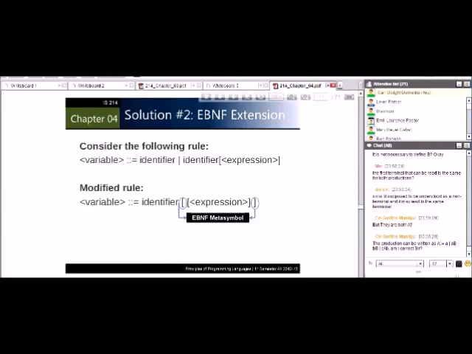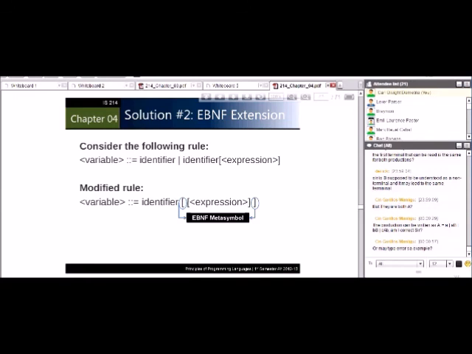And then another approach is we use another notation from extended BNF. Extended BNF is in this chapter earlier. So for extended BNF, you can use these meta symbol, the square brackets meta symbol, which means it is optional.